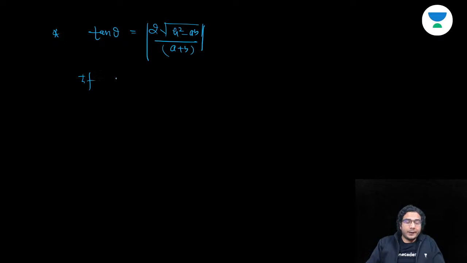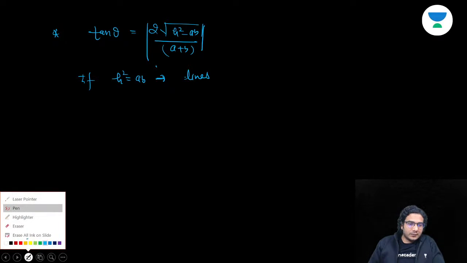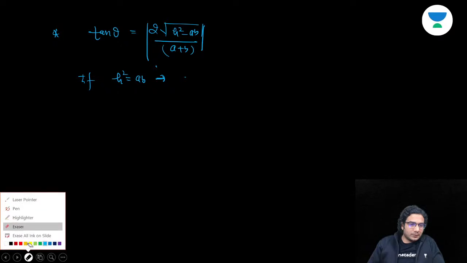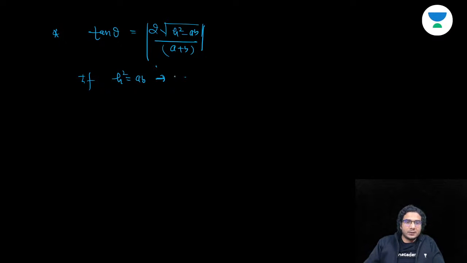So if h square is equal to ab, then the lines will be, tell me, what was the condition? We have also done it, right? Theta will be 0 in this case, and the lines will be coincident.